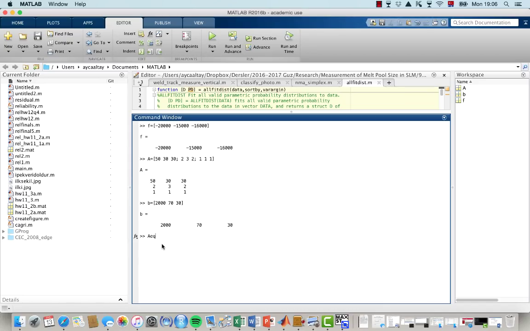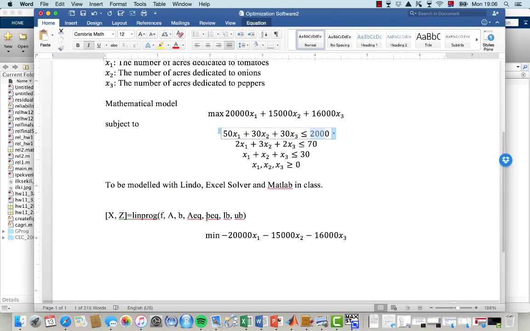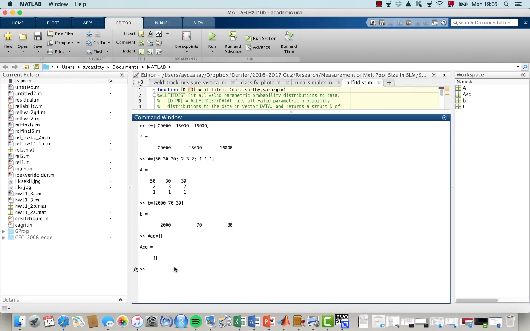So what I do is I create an empty matrix and state that it's the left-hand side of my equality constraints. And next we have Beq here. As you can expect, it's the right-hand sides of the equality constraints. And since we don't have any, I assign it as an empty matrix too.